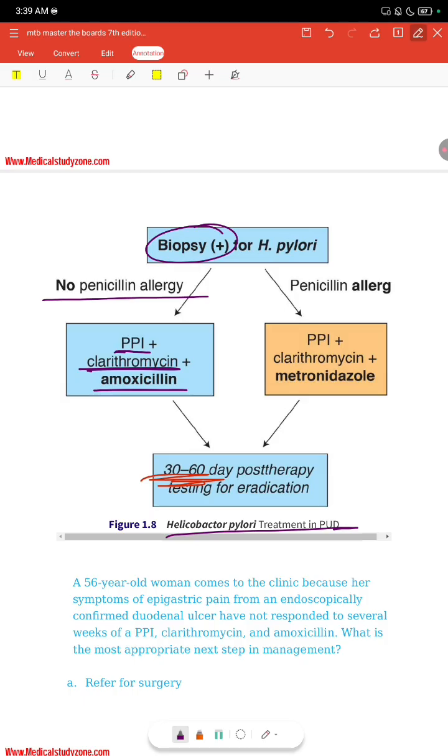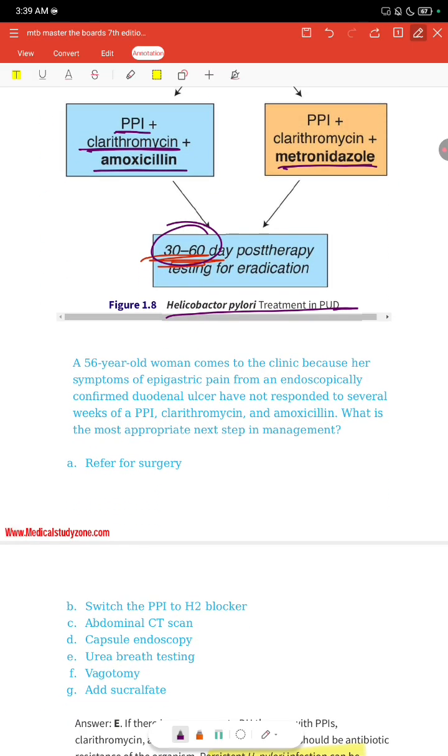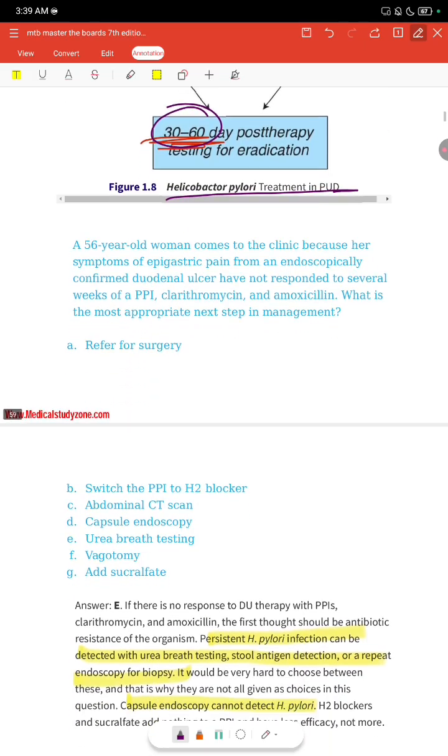If the patient is allergic to penicillin, replace the amoxicillin with metronidazole, and then 30 to 60 day post therapy testing for eradication is done. Once the treatment is started, 30 to 60 day post therapy testing for eradication of H. pylori is usually done. Here is the MCQ.